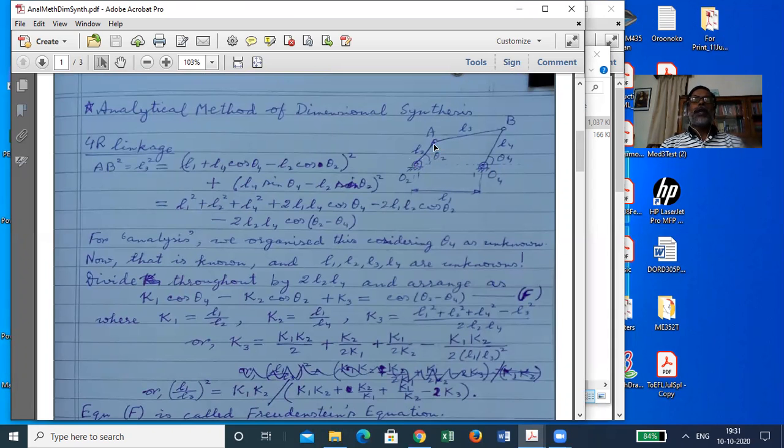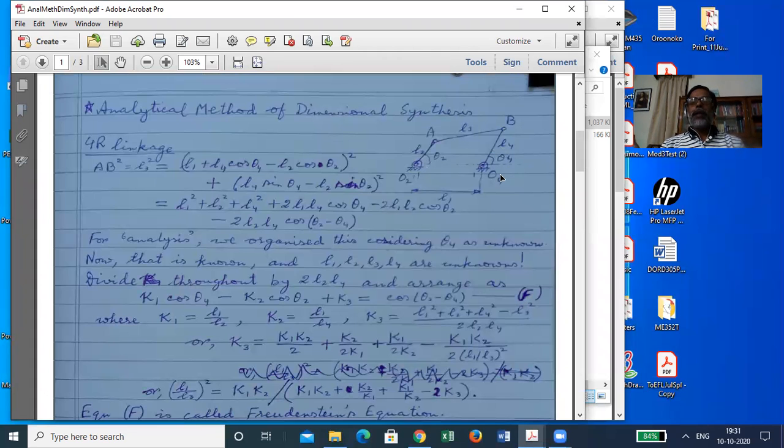So we get the coordinates of A as L2 cos theta 2, L2 sin theta 2, and the coordinates of B as L1 plus L4 cos theta 4 and L4 sin theta 4.